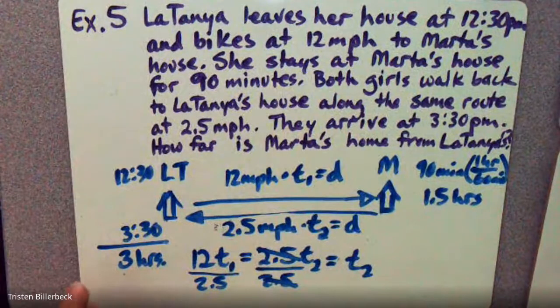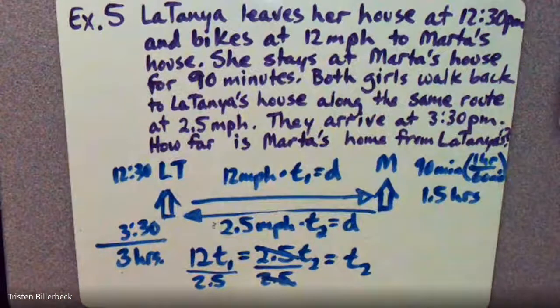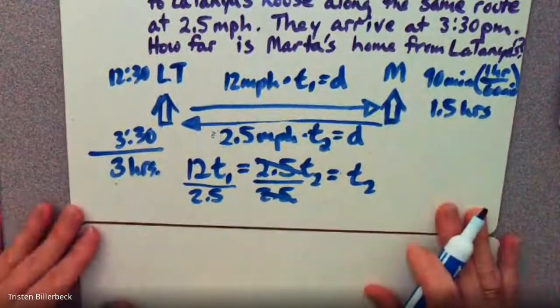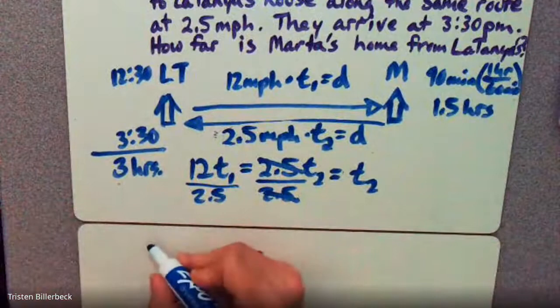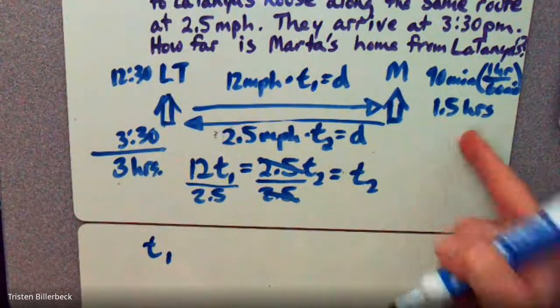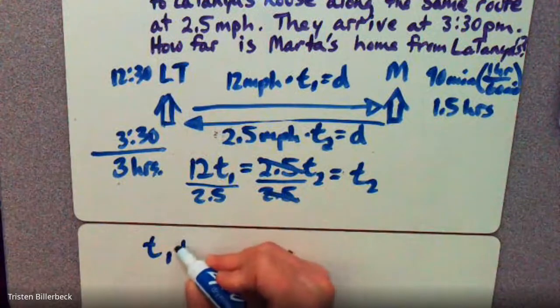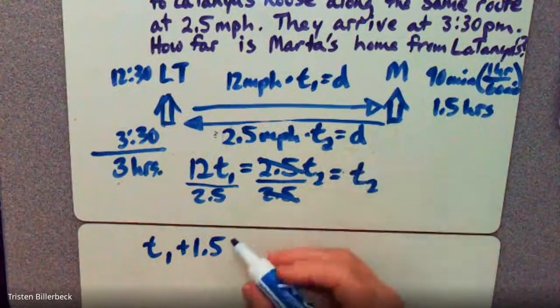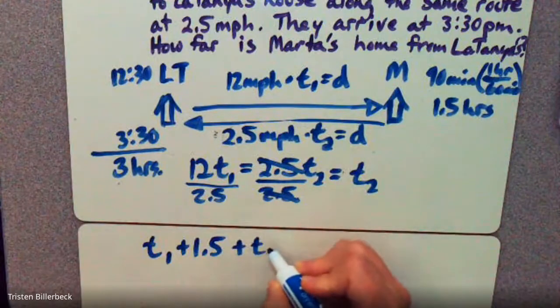Okay, so let's look at what equation we can come up with for that. So they know that they took a certain amount of time, T1. And then they added 1.5 hours at Marta's house. And then they walked T2 time.